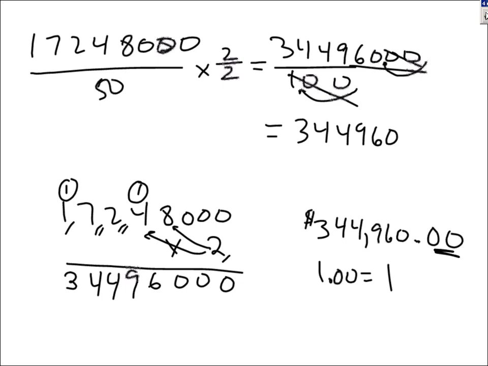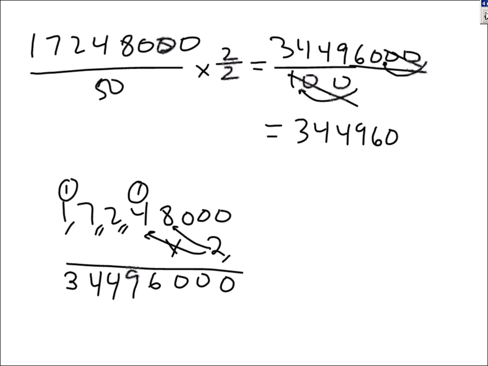Here it's kind of more clear. Oh, it's 0 pennies. No cents. Just give me dollars. Okay. I'd rather multiply by 2 than divide by 50. I'd rather just do this work here.